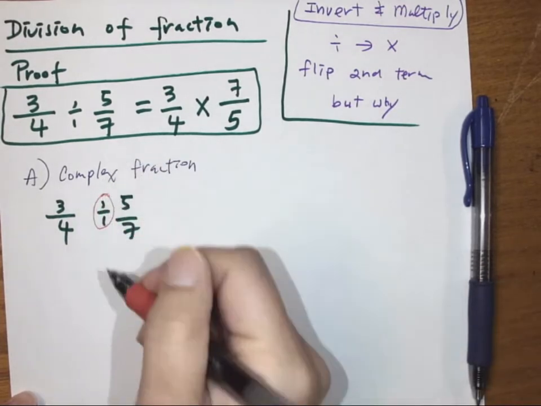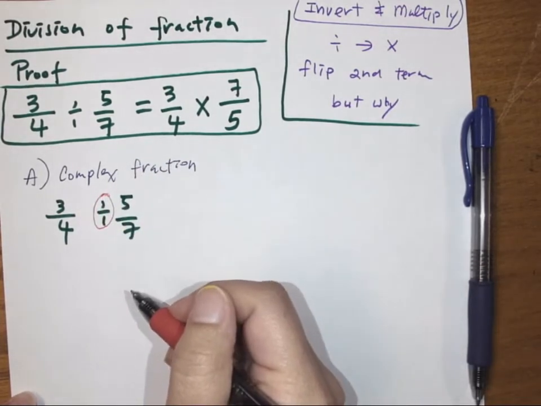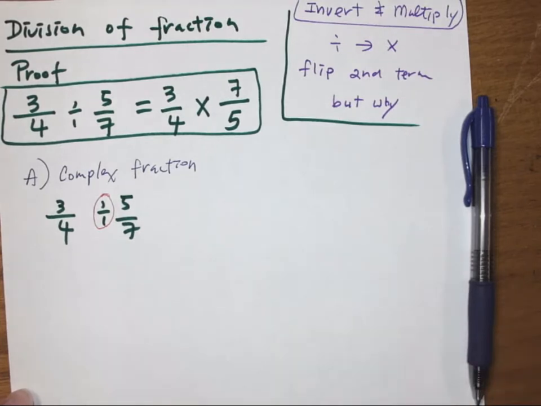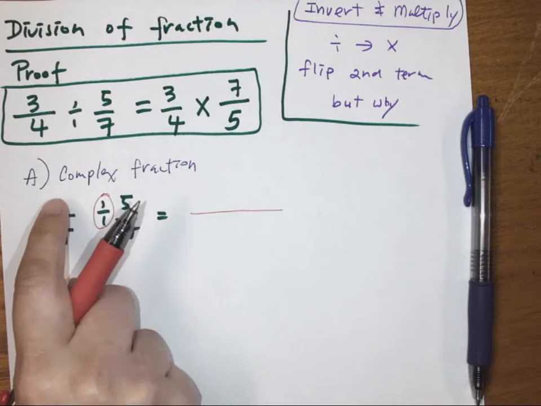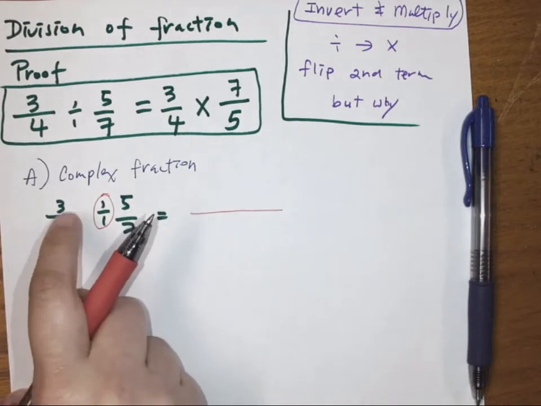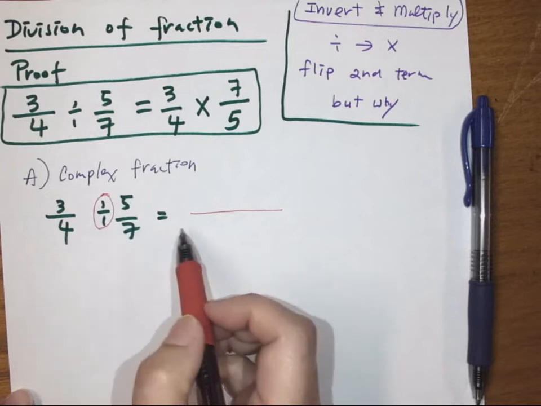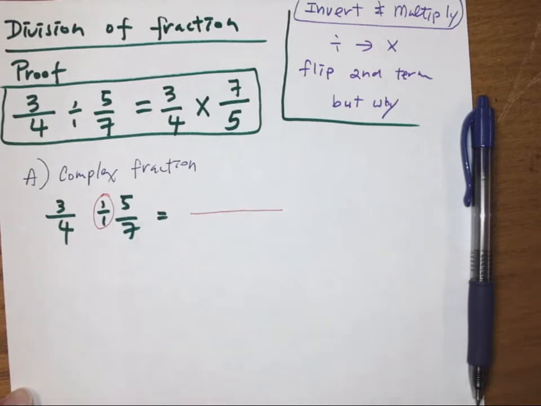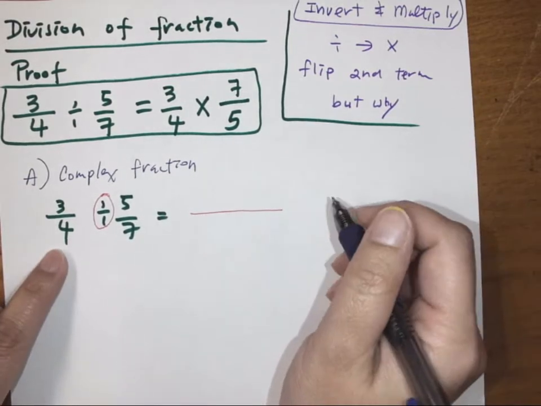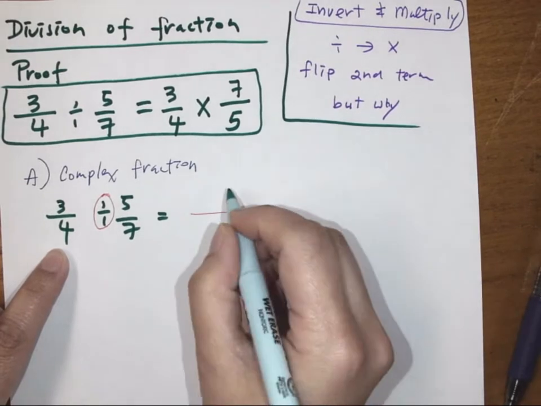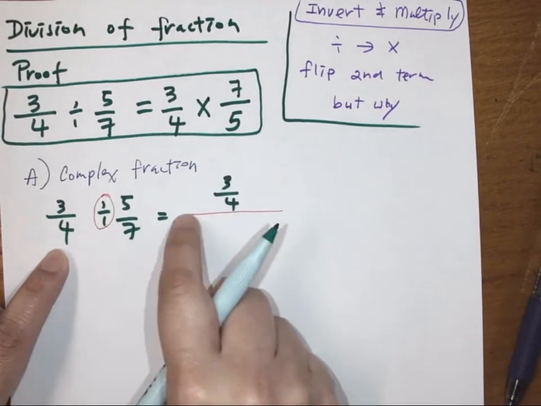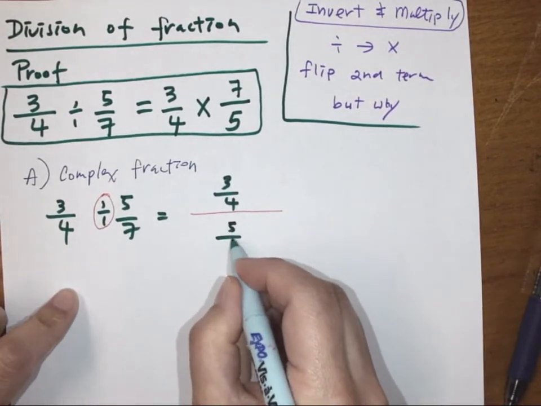Division is kind of like a fraction line. If you have 3 divided by 4, that means 3 over 4. So I'm going to change this divide to a fraction line, put my first fraction, 3/4, up there, and it's going to be divided by 5/7.